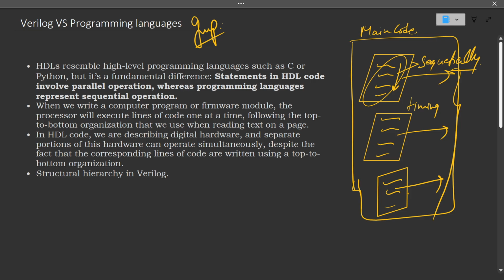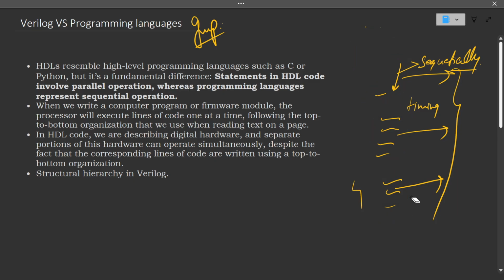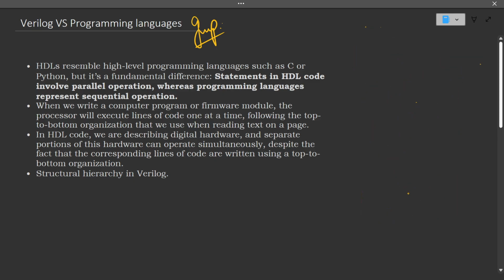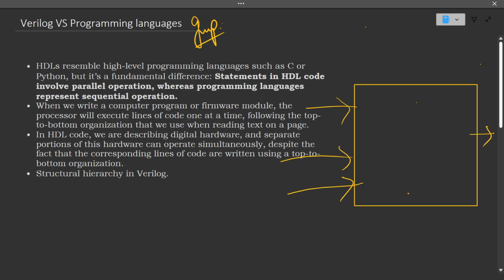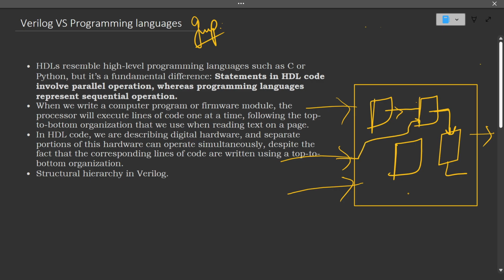So why is this functionality required, sequentially and parallelly? It is because in digital circuits, if we are having a digital circuit, it is having one input, outputs, and there are some modules which are internally working. Let us say the output of this module is an input to this module, and the output of this module is input to this module, but this input is also input to this module.